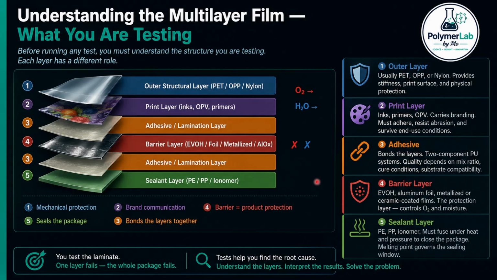Before you can understand why you are running a test, you need to understand what you are testing. And in flexible packaging, you are almost never testing a single material. You are testing a multi-layer system where each layer has a completely different job. The outer layer, typically PET, oriented polypropylene or nylon, provides the mechanical backbone.